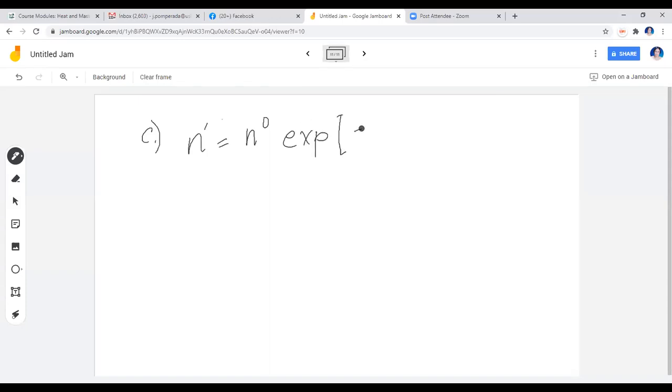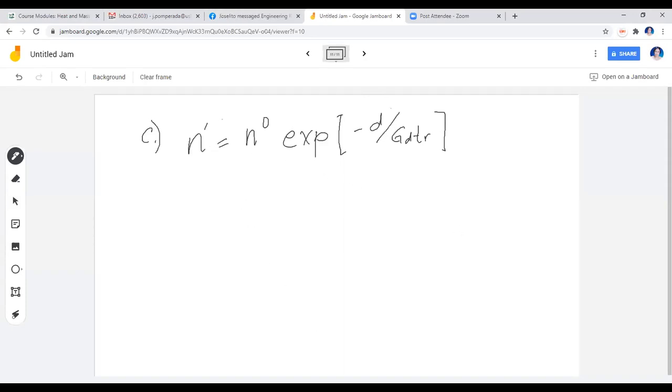Then we have negative D over G sub D, T sub R. So you have negative D, then you have the G sub D, T sub R. This is our formula for the N prime.